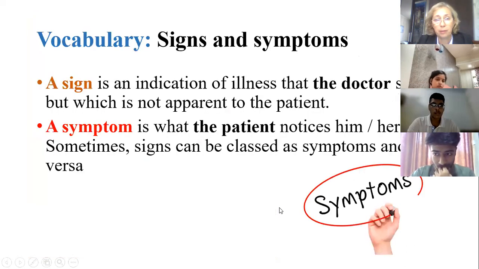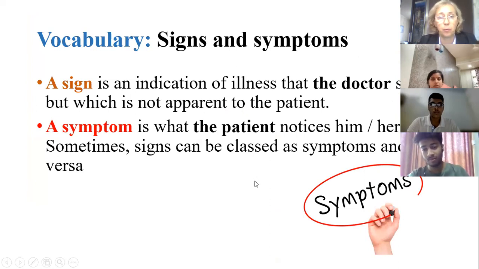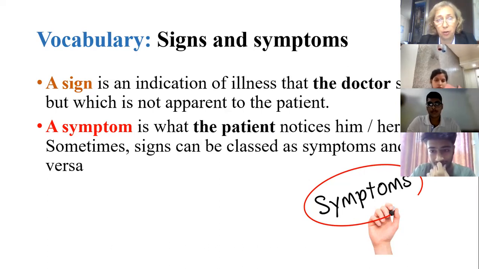Well, let us go to the next slide here. We should speak about symptoms and signs that show that the patient is ill with a disease. There is a difference between signs of a disease and symptoms. A sign is something that the doctor sees. It's an indication of illness that is obvious to the doctor, but not apparent to the patient.